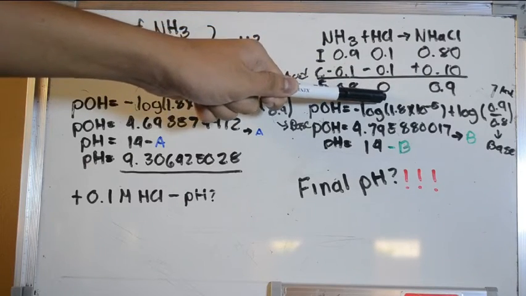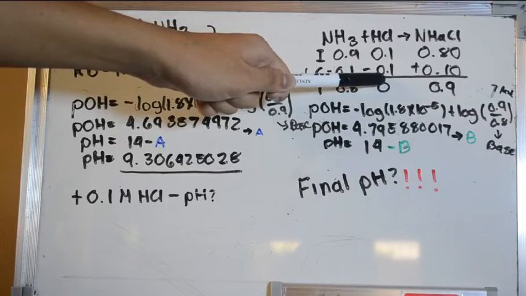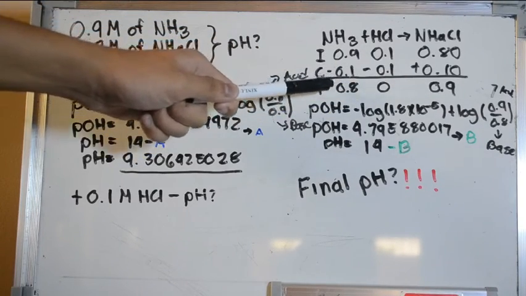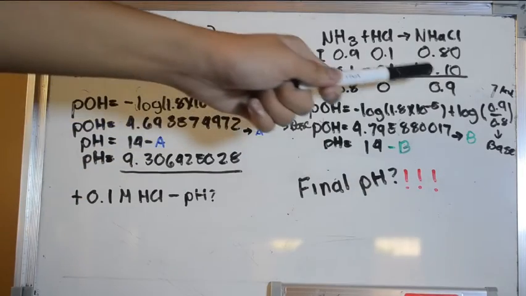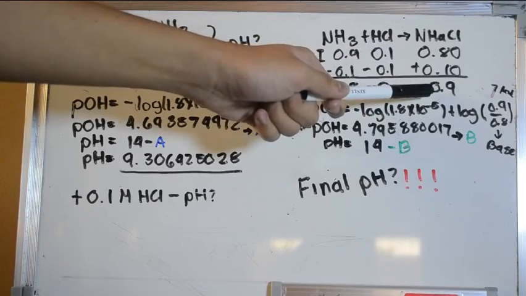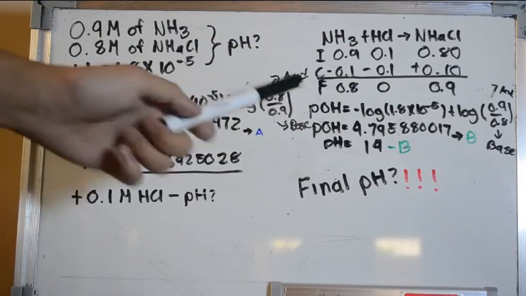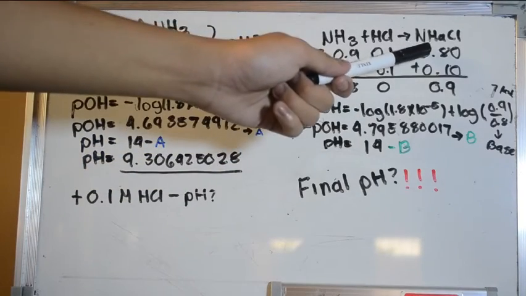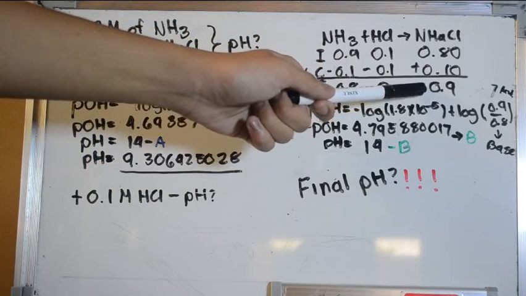So we subtract 0.1 from both compounds on the reactant side, and add 0.1 to the product side. Here, it results in 0.8 for NH3, and NH4Cl has a concentration of 0.9.